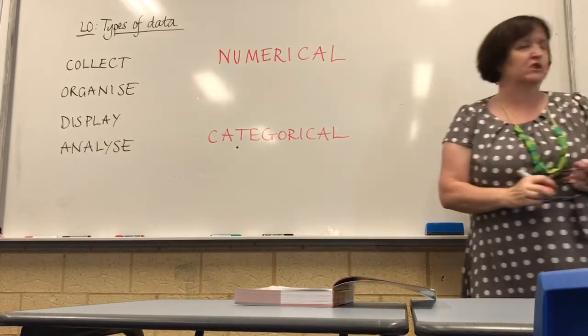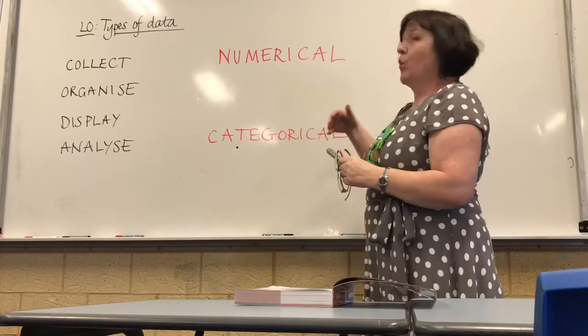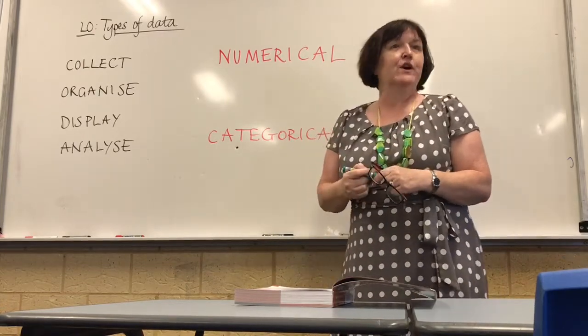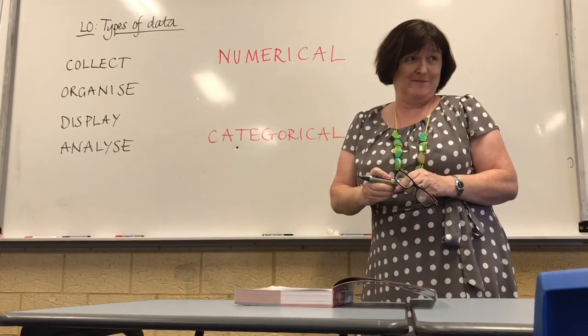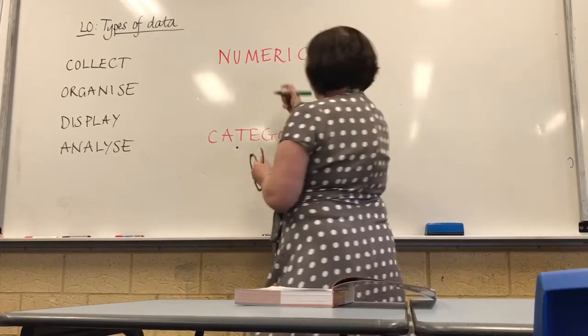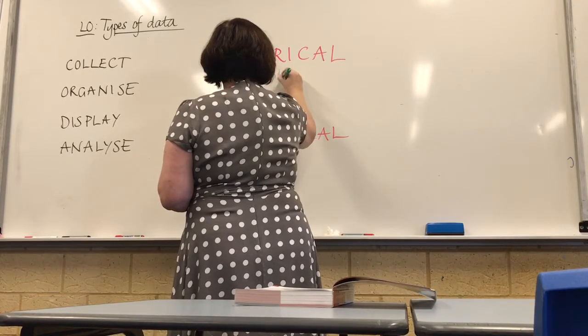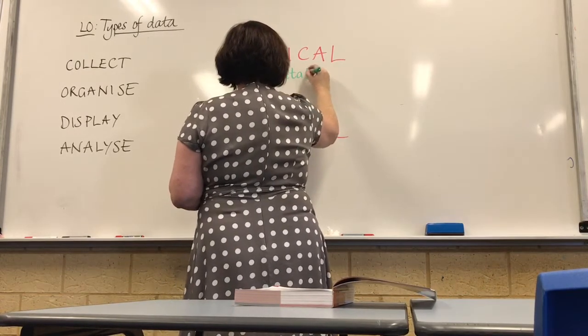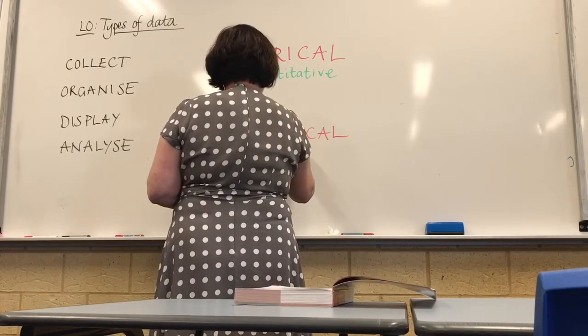And of course, of the things that you've just said, one of them is qualitative, one of them is quantitative. Which is which? Quantitative using numbers. Yeah. Qualitative. Yeah, so this one, another word we could call it is quantitative. And this one is qualitative.